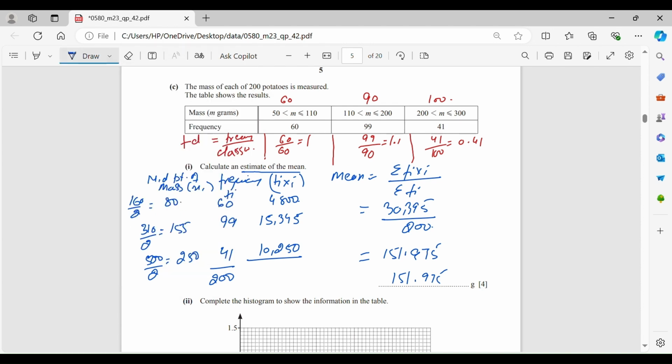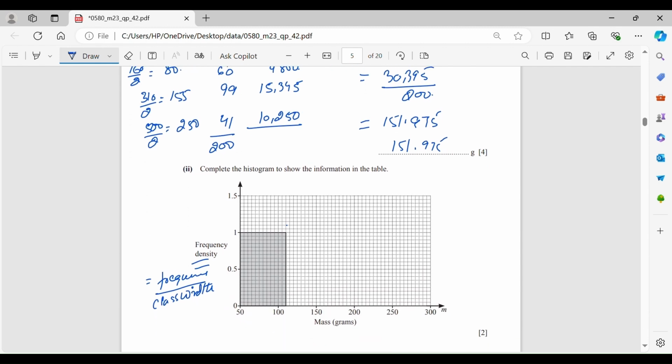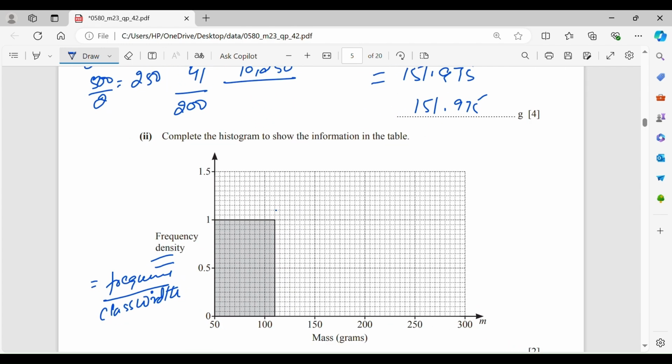Next is 110 to 200, that is 1.1. So let me mark this, let me make it a little bit bigger. This is this much, and up to 200, this point, right?